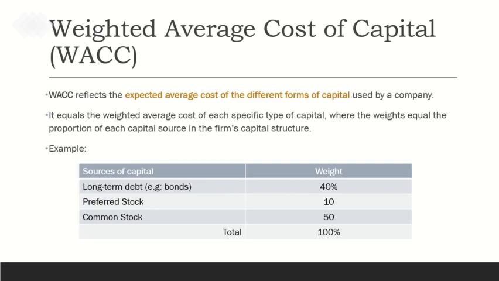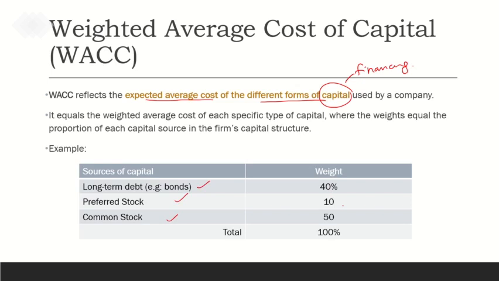So cara nak mengira cost of capital adalah menggunakan weighted average cost of capital. It is the expected average cost of the different forms of capital. Maksud capital ni tadi financing lah. Financing. So, contohlah, dia ada issue bonds, ada preferred stock and ada common stock.